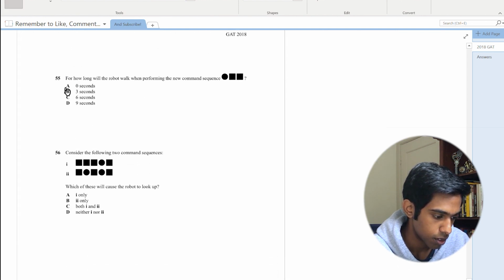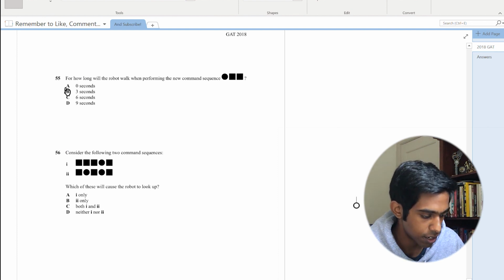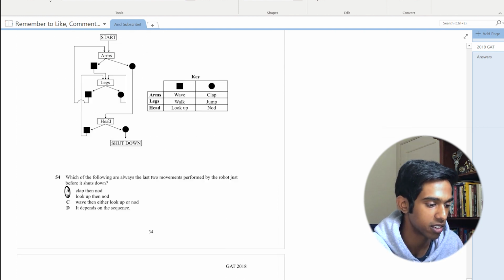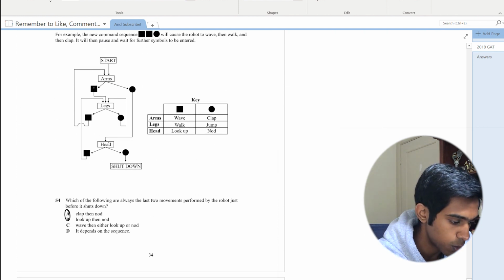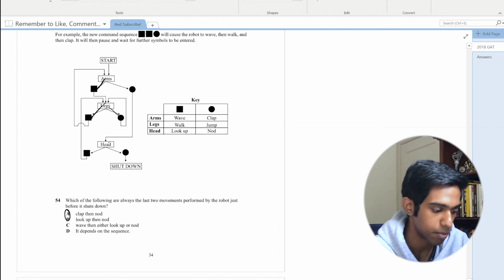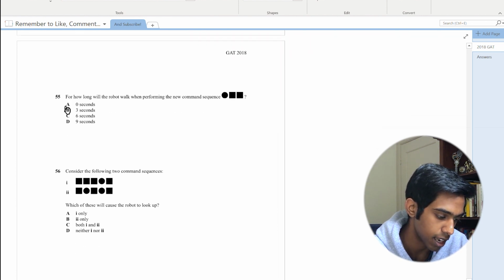So consider the following 2 command sequences. So we'll look at each of these. So we've got square, square, square, circle, square. So that will go square, square, square, circle, square. Yeah, so that will mean that in the first one it does not look up because nothing happens with head.